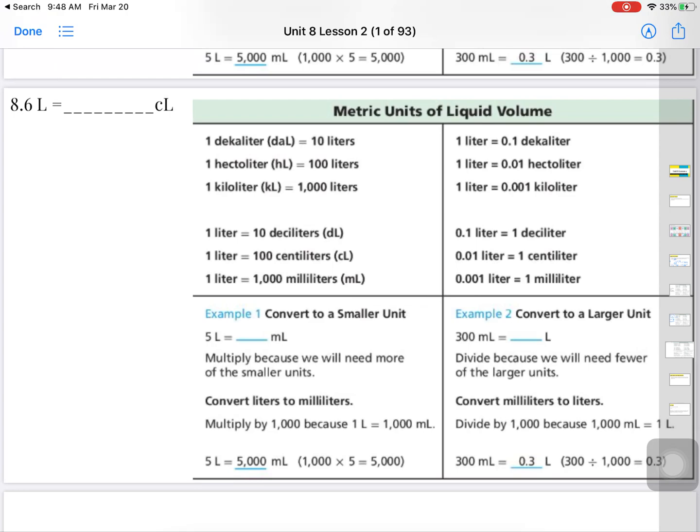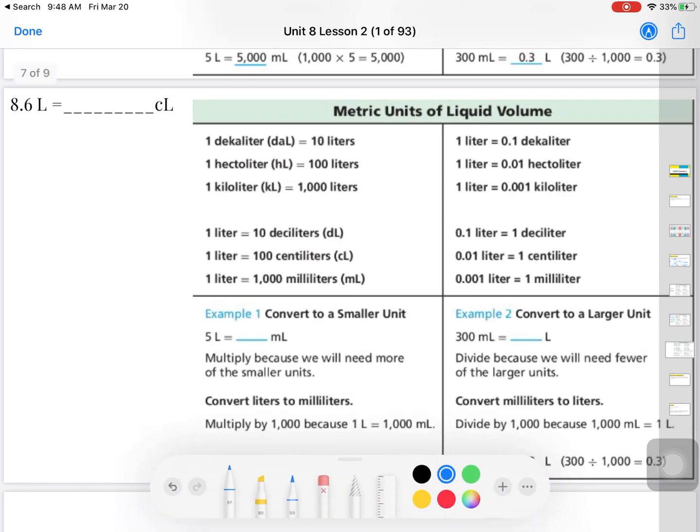If we look down at this example, we have 8 and 6/10 liters equals how many centiliters? So we're going to start with 1 liter equals how many centiliters? So we're going to look over here. I see that 1 liter equals 100 centiliters.